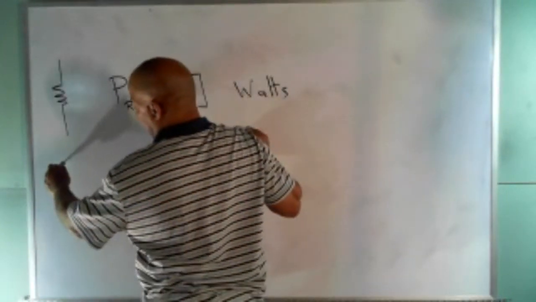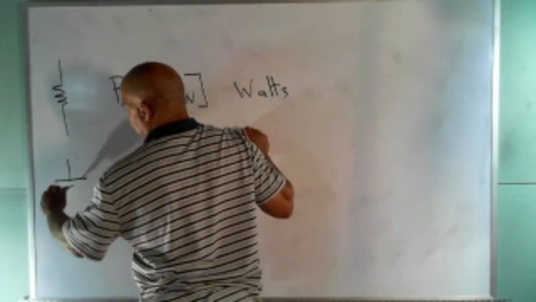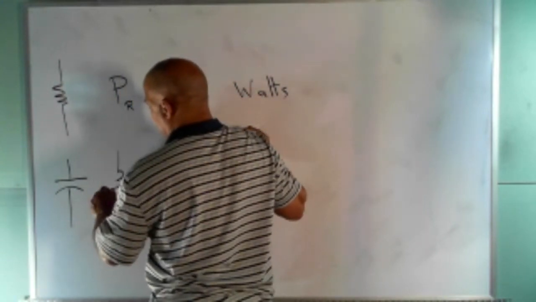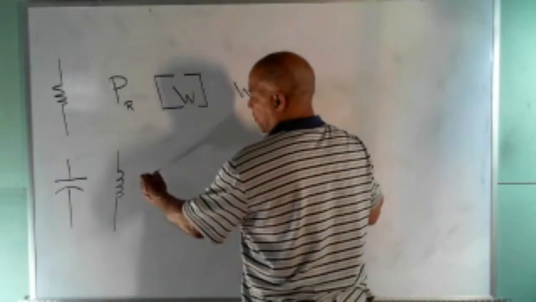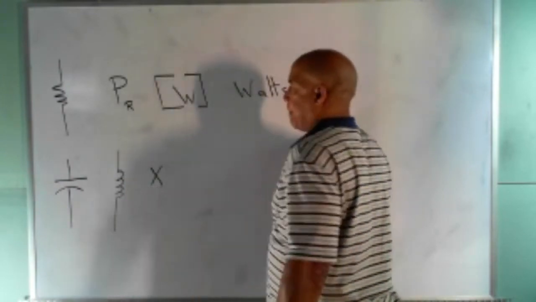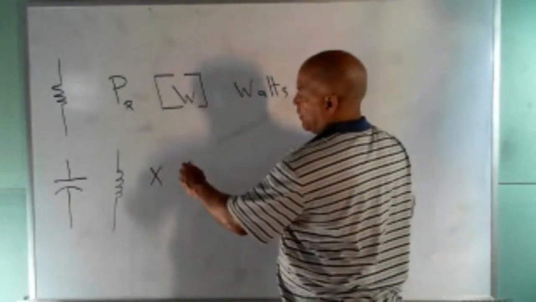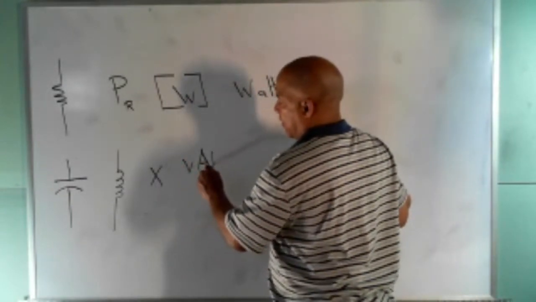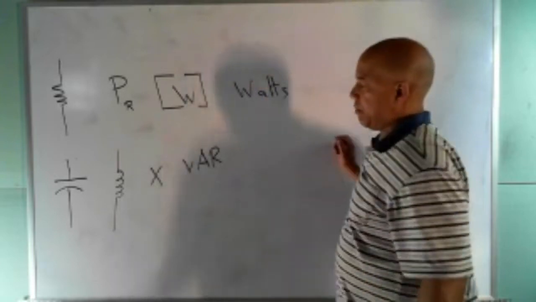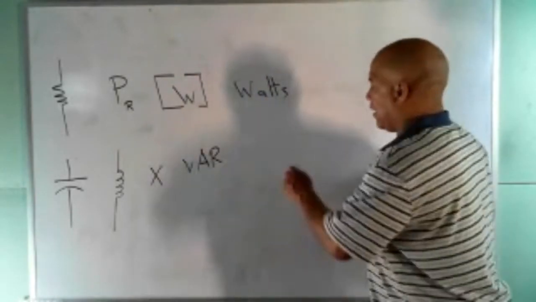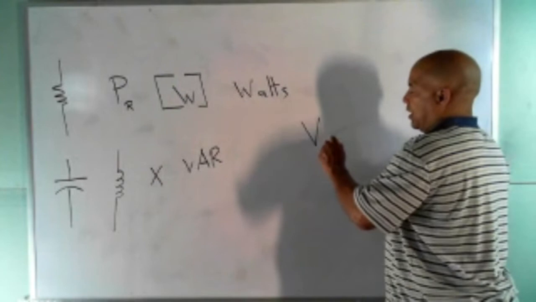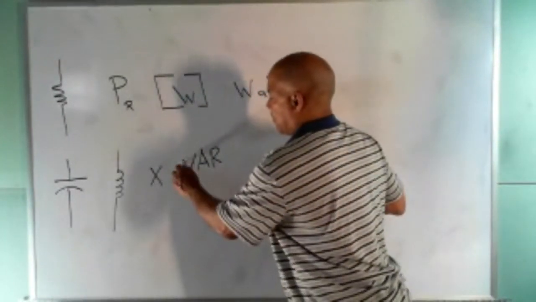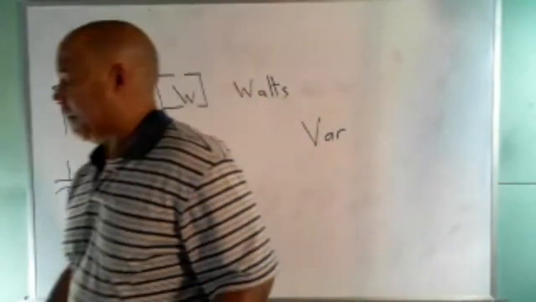If I have either a capacitor or an inductor, I've got reactive power. The unit is the VAR. I see it with a lowercase v, I don't think I've seen it the other way, but I capitalize all of these. So what is a VAR?